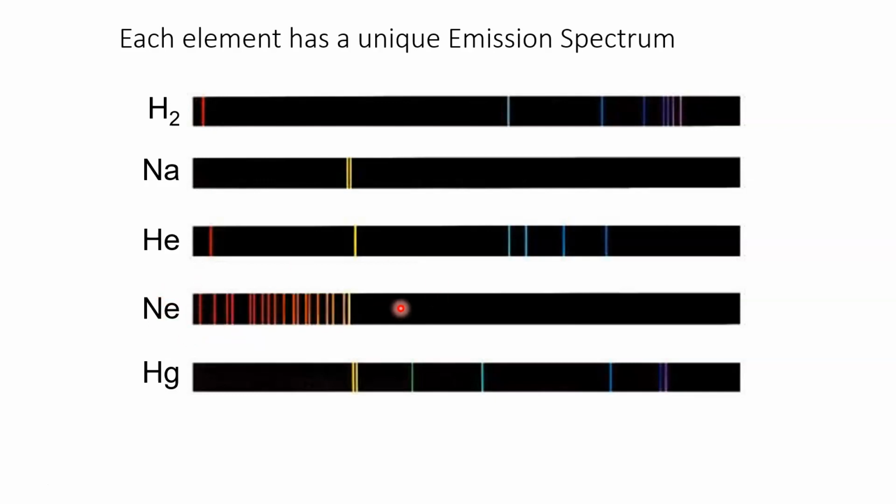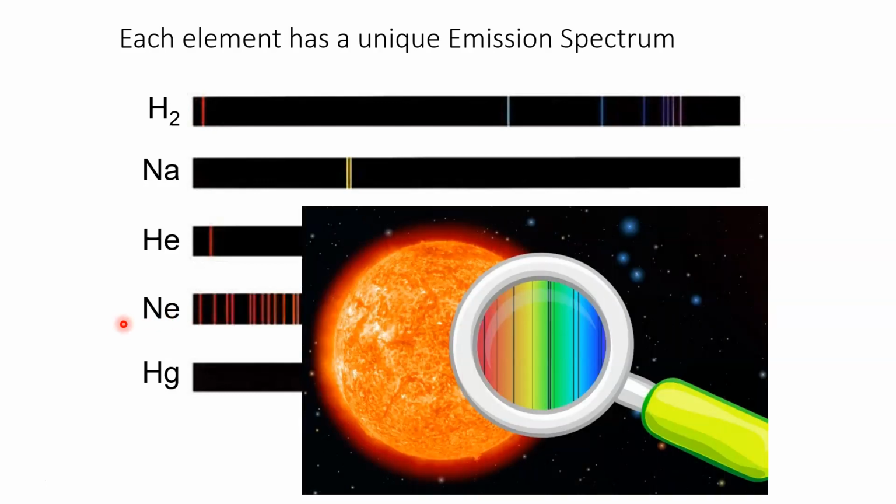So a gas tube filled with neon gas will look like red, orangey, yellow colors. So what we can do is we can actually look at something like a star, like our sun, and we can see what elements are in there because we can look at the emission spectrum.